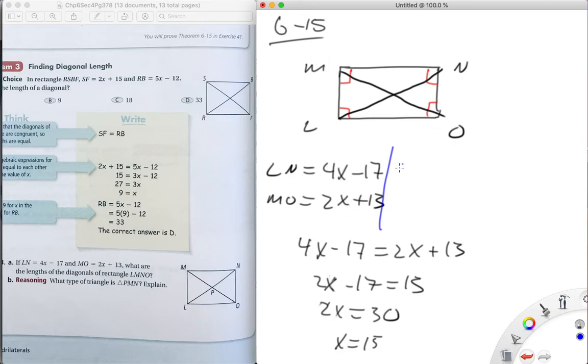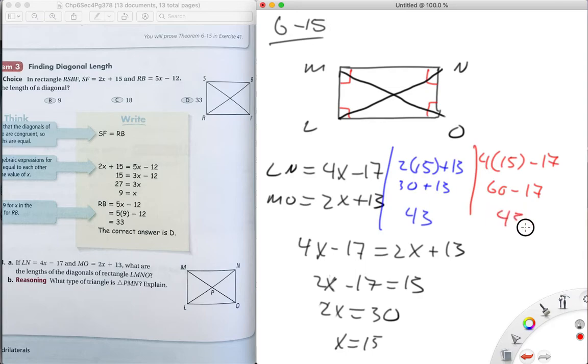I'll plug it down here. 2 times 15 plus 13 gives me 30 plus 13, which gives me 43. Hopefully it works for the other too. 4 times 15 is 60, minus 17 is indeed 43. So it works with both of them. So the answer is 43.